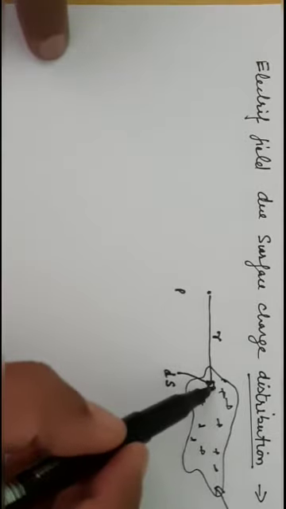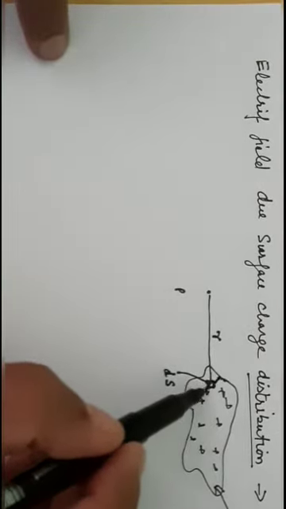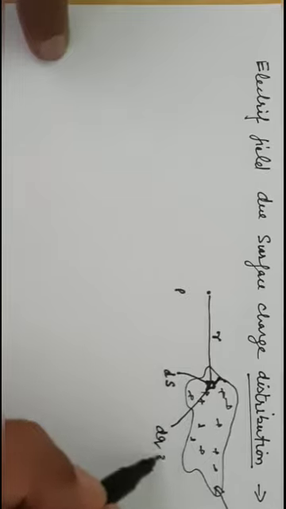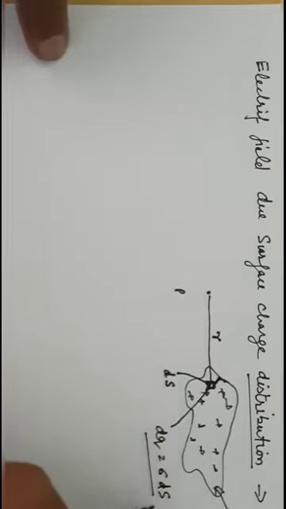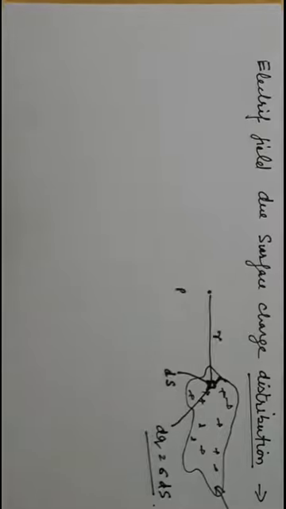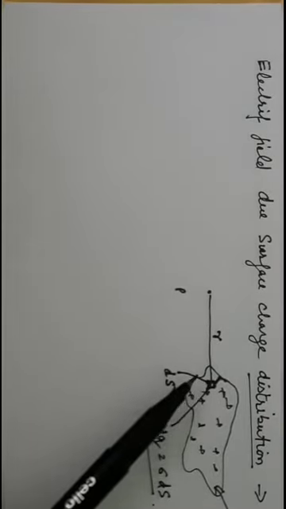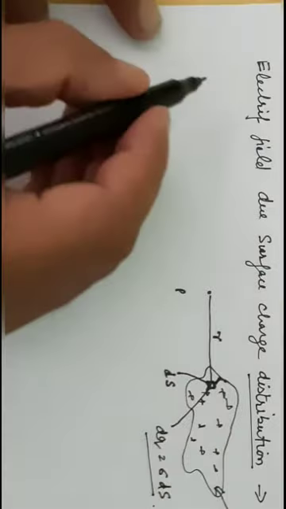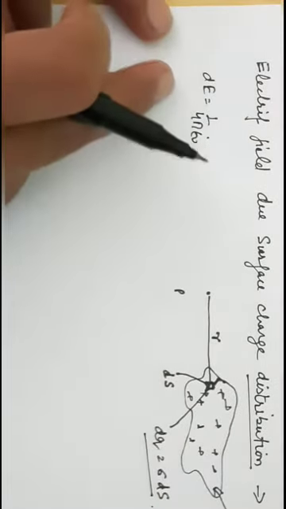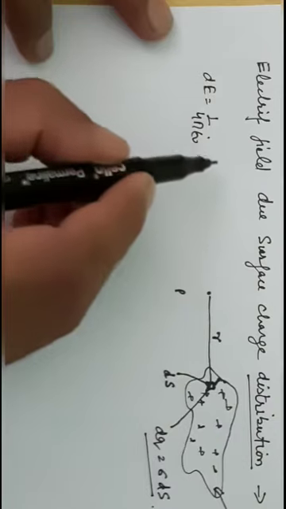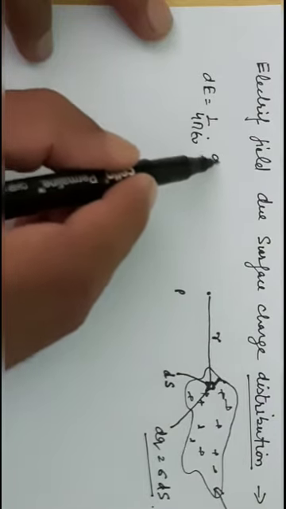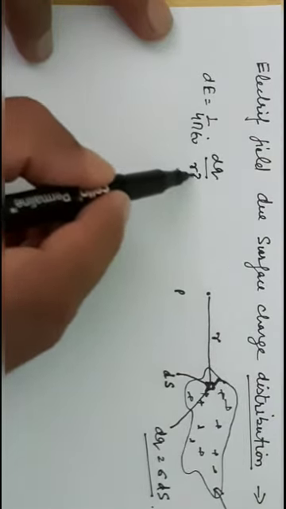The charge on this region, dq, will be equal to sigma into ds. We know that the electric field due to a point charge is 1 upon 4 pi epsilon naught, charge dq, divided by the distance square, r square.